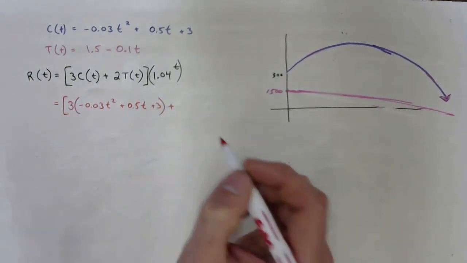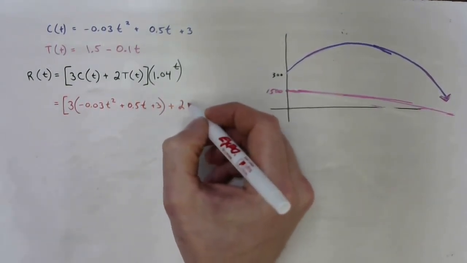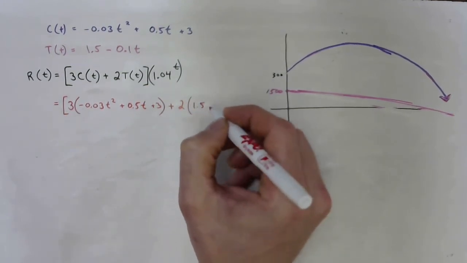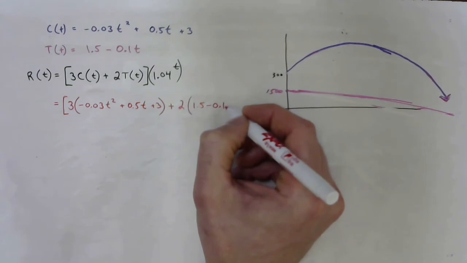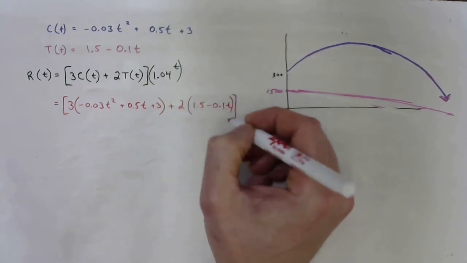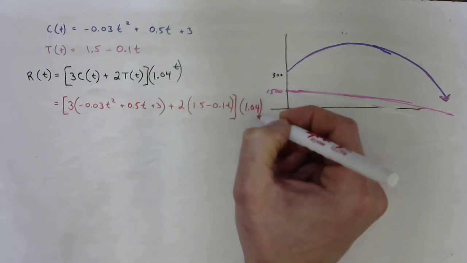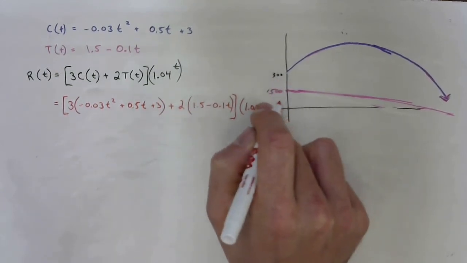We're going to add to that 2 times the cassette function, which is 1.5 minus 0.1t. Close off that big square bracket and multiply it by 1.04 to the power of t.